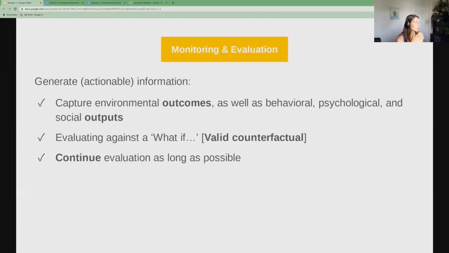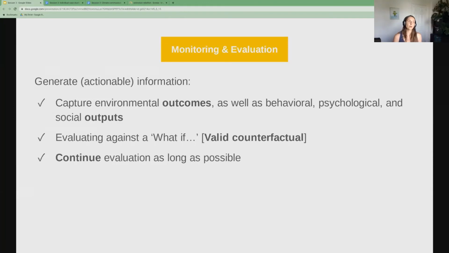And the last point is to continue the evaluation a while after the program stopped, because that is linking back to that first point about the sustained change. It might be that the farmers have started to compost for 1 or 2 years, but then they might leap back to burning their outputs rather than composting.